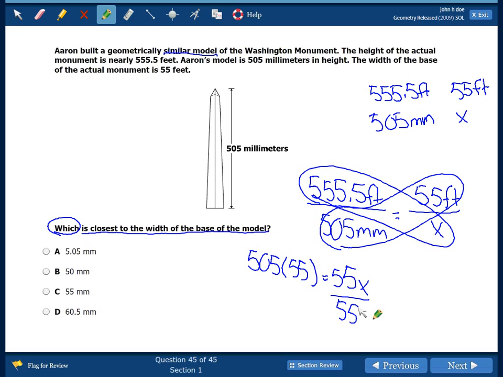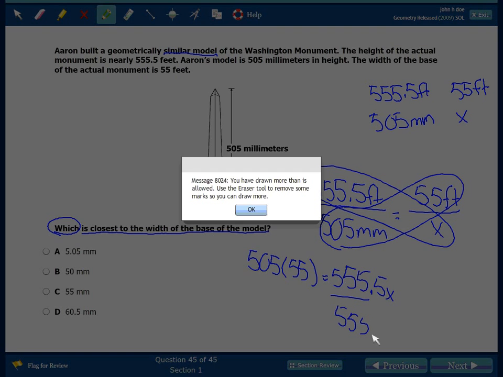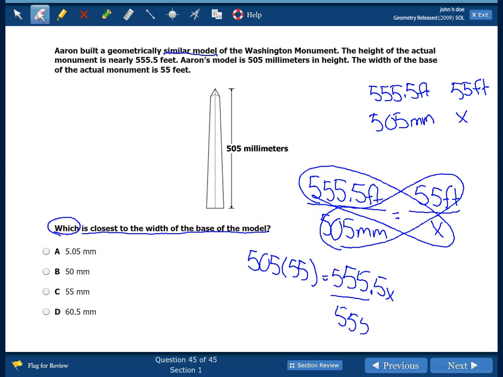Sorry, I did that wrong. So we have 505 times 55, and it's equal to 555.5x. So we divide both sides by 555.5. Hopefully you guys can figure this out before I have all of this erasing done.